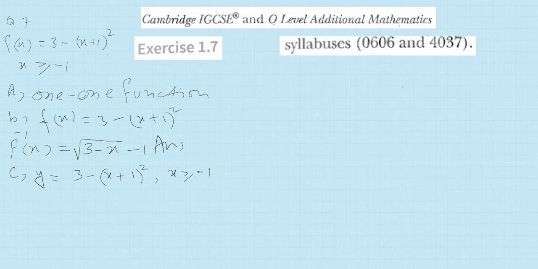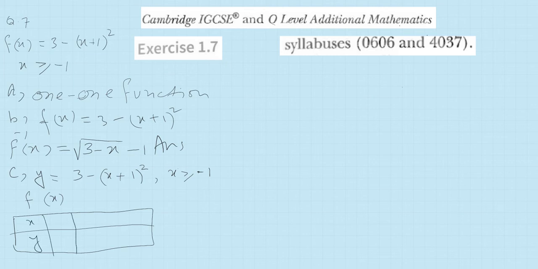Now make the box for f(x). Take at least 5 values. This is x, this is y. Now we are restricted to taking values of x which is greater than or equal to minus 1.